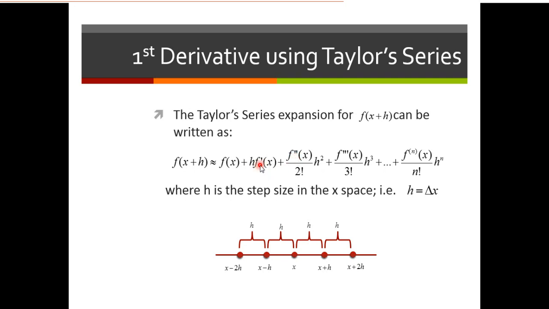If you have only a single prime, you are going to use the formula to get the first derivative of f(x). But if you see two primes on your f function, you are doing the second derivative for the approximation of the f(x) value.